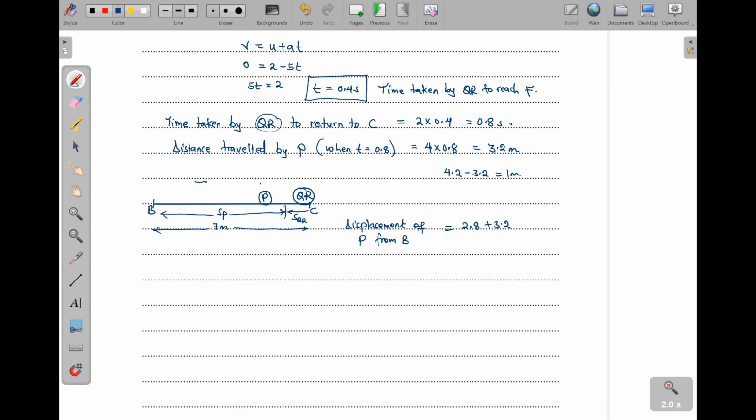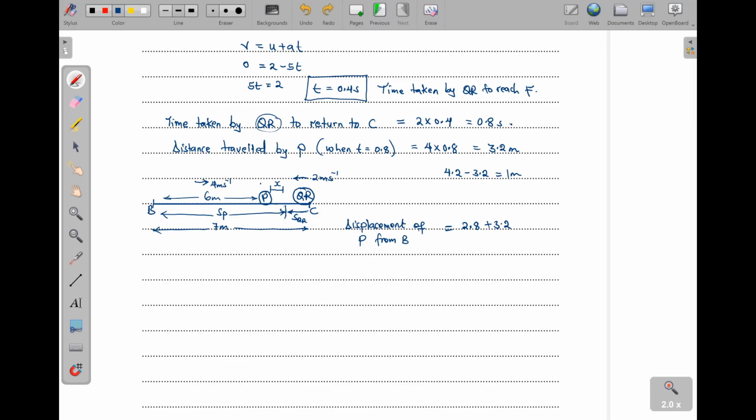Now remember, P is moving this way with a speed of 4 meters per second, then this one is moving this side with a speed of 2 meters per second. When we add, it is going to give us 6. So that means this is 6 meters here. Now there is another smaller distance P is going to travel here, and then it meets with this QR here.